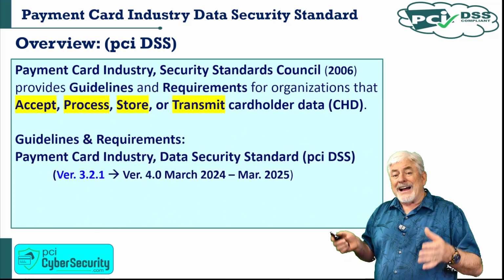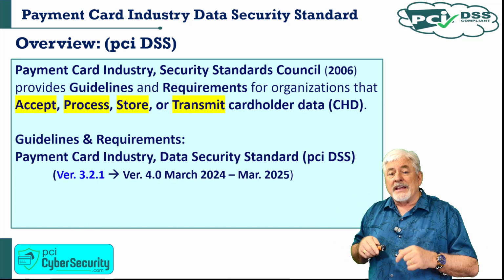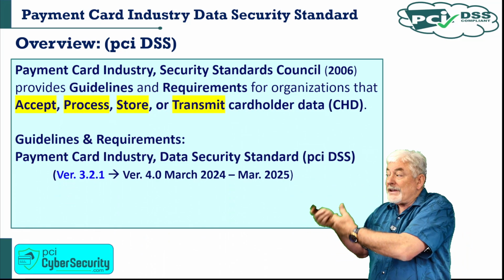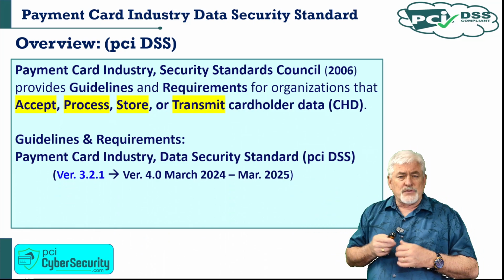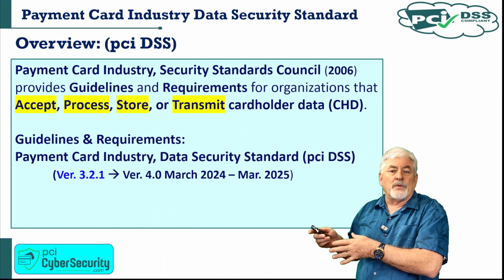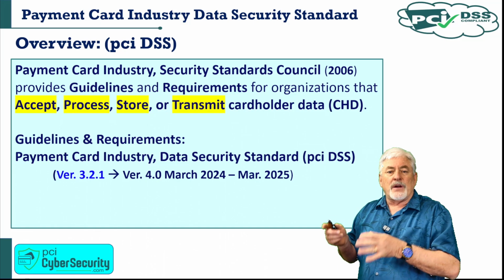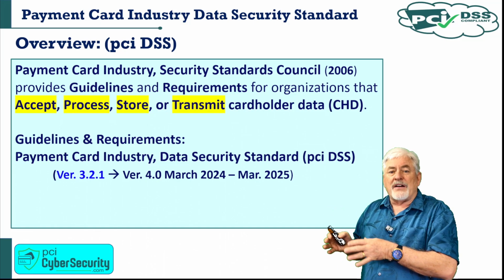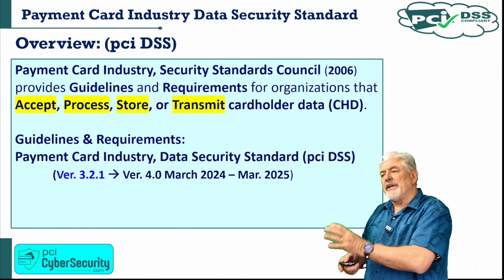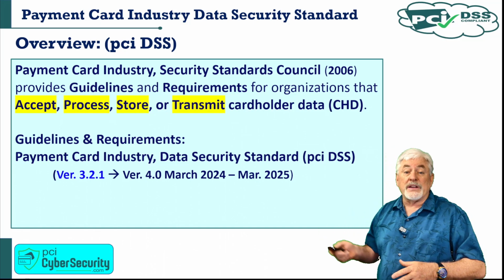The PCI standard that we're currently on today is version 3.2.1. And in March of 2024, we're going to roll out version 4.0. But today we're still at 3.2.1. When 4.0 rolls out, not everything will be obligated immediately. Some of it won't have to be rolled out until March of 2025.